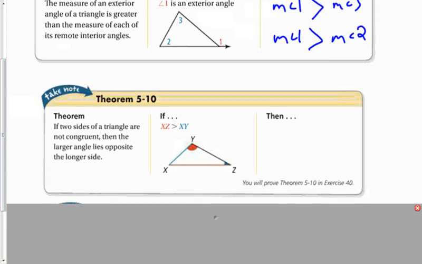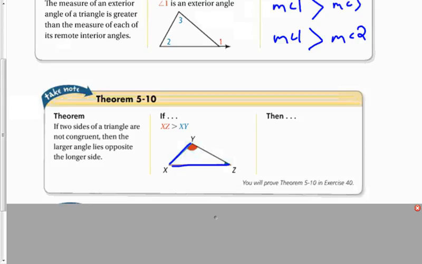Theorem 5-10 says if two sides of a triangle are not congruent, meaning XZ and XY are not congruent, then the larger angle lies opposite the longer side.